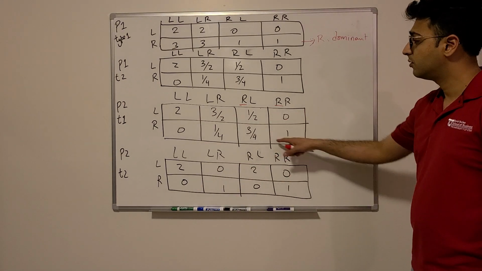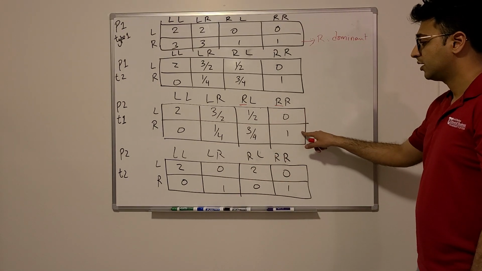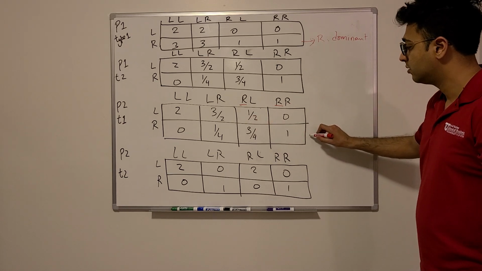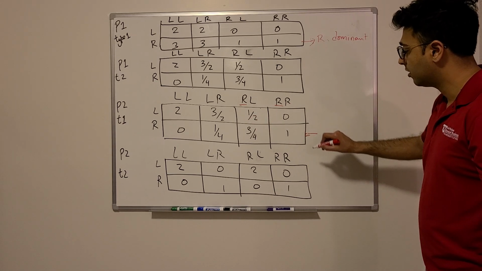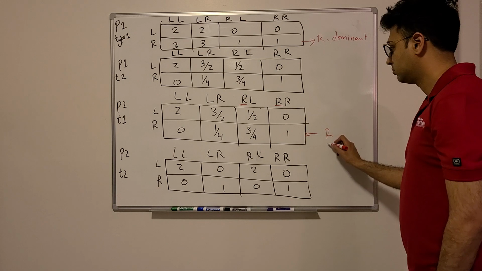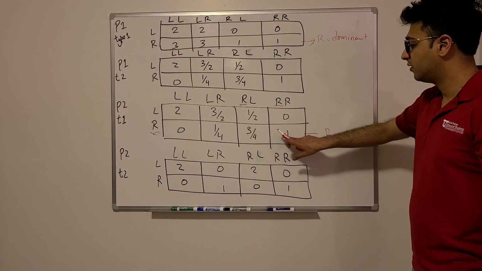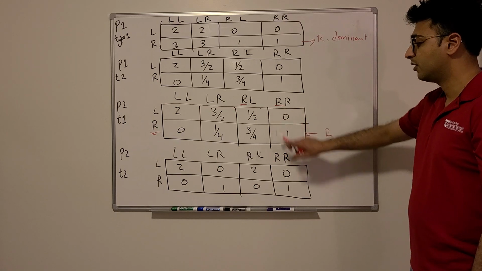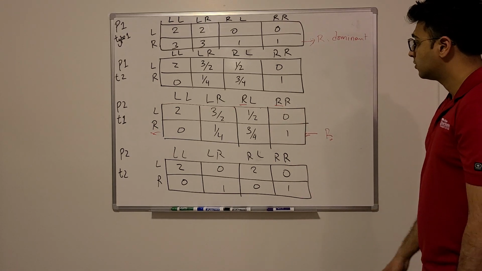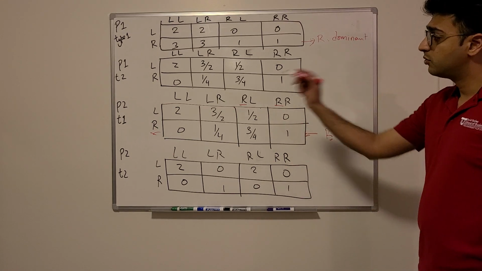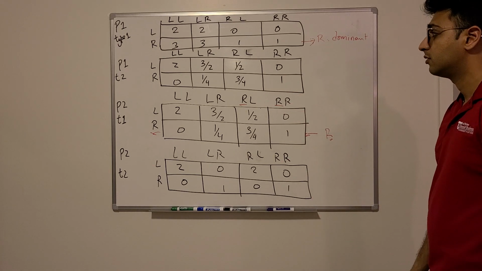If these are player 2 type 1's only options, then player 2 type 1 would best respond by playing R, right? Because 3/4 is greater than 1/2 and 1 is greater than 0. Now we know that player 2 type 1 always plays R.